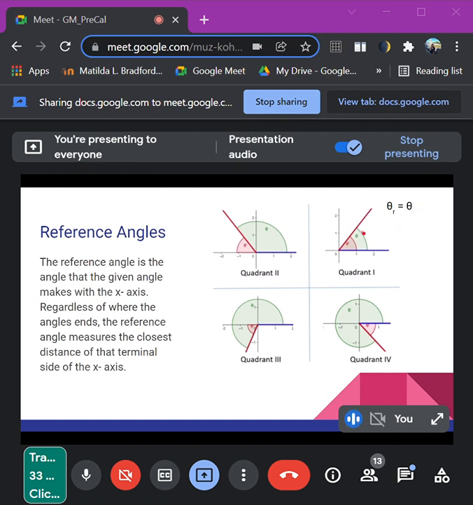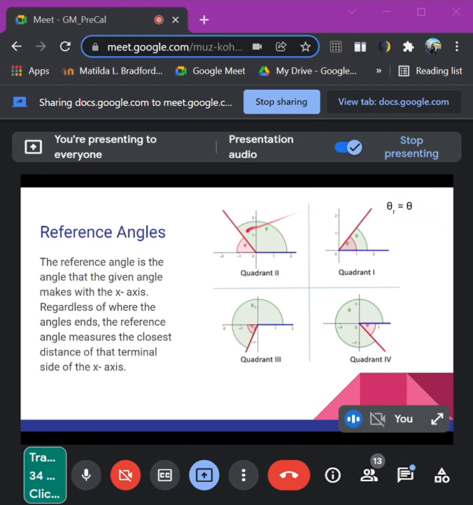So, for example, if the given angle here is not 90 but 45, then its reference angle class is also 45. It does not cross to the other side because that angle would be larger if we measured it to the other side. Okay, it should be the closest to your terminal side, your reference angle on the x-axis. Remember, x-axis, the horizontal one, not the vertical one. Okay, so remember this one.